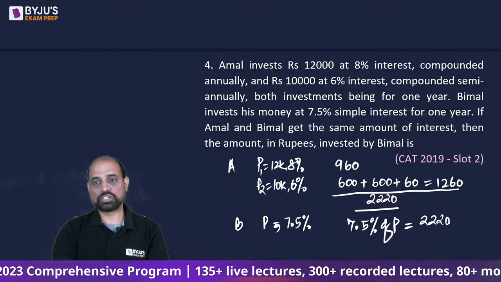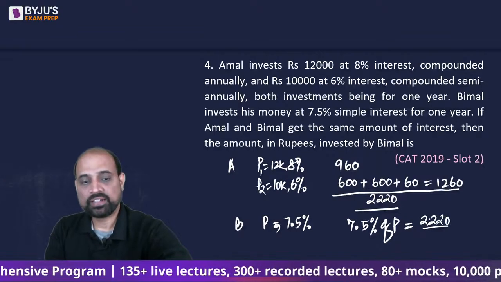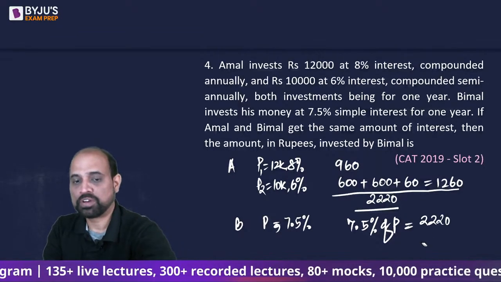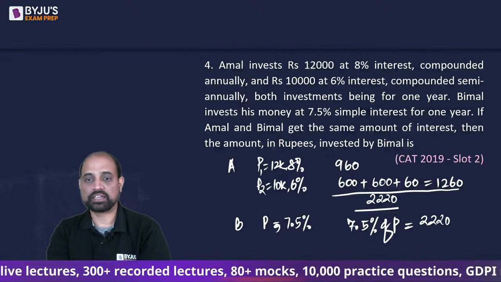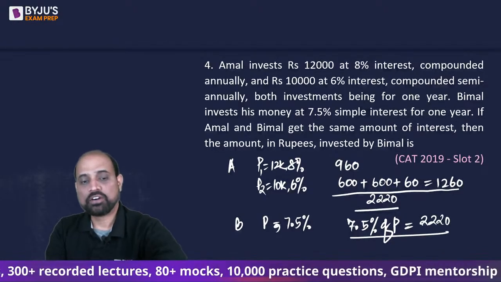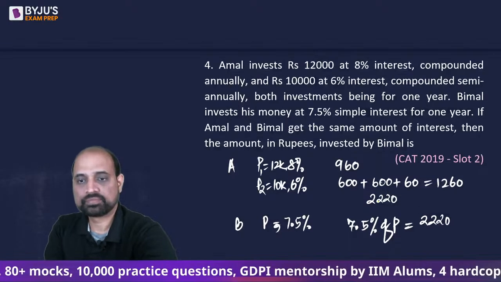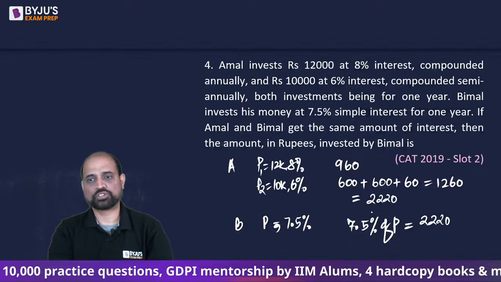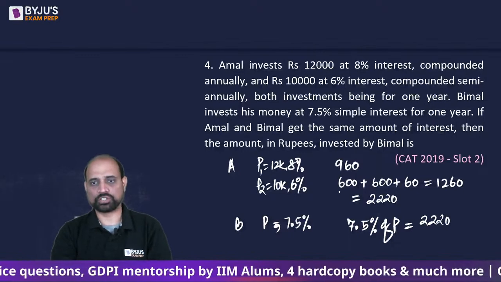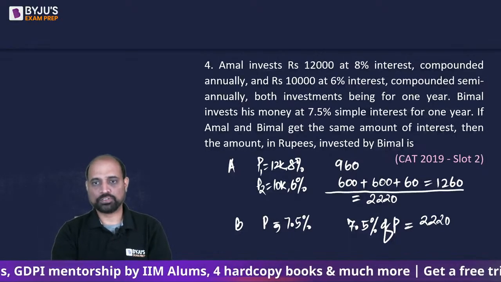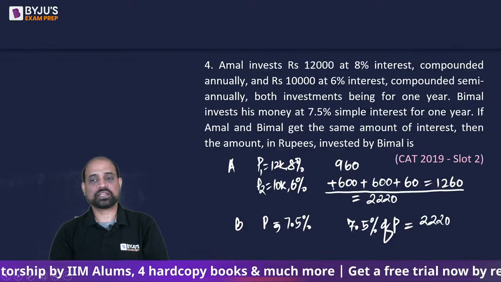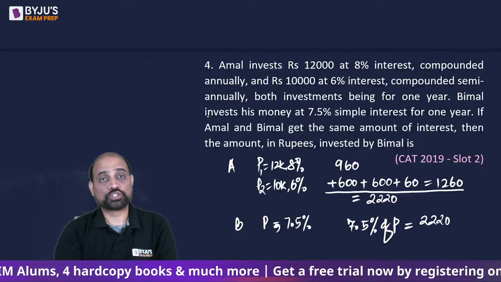So this is going to be 2220, right? The interest that Bimal gets is the same interest that Amal gets. Now, once we get this, hold on. Let's not put a line because that's going to be confusing. Now, we need to solve this. What should be the principal?